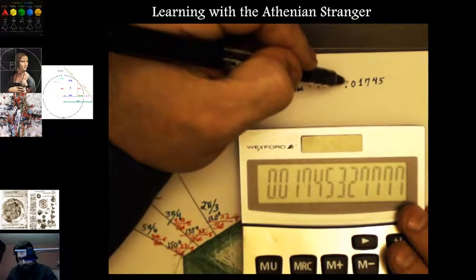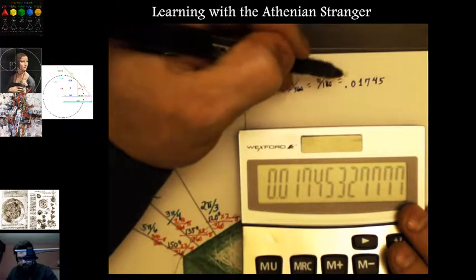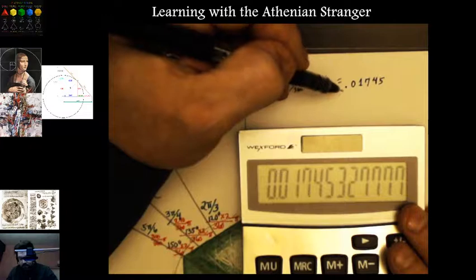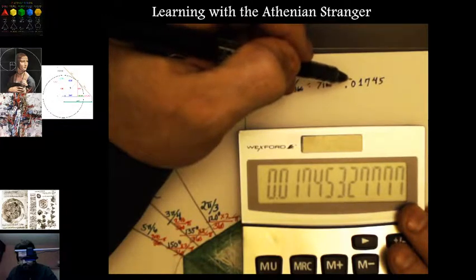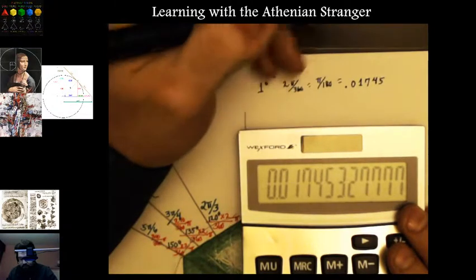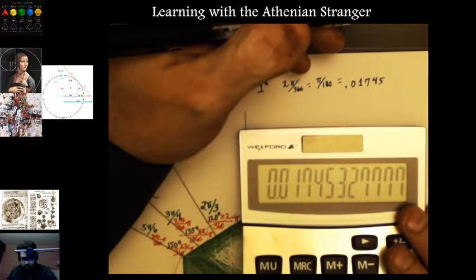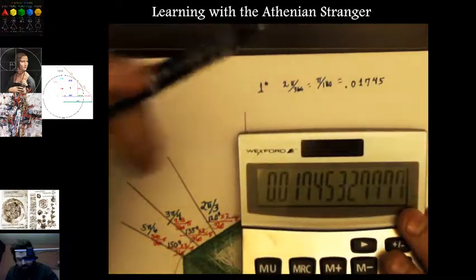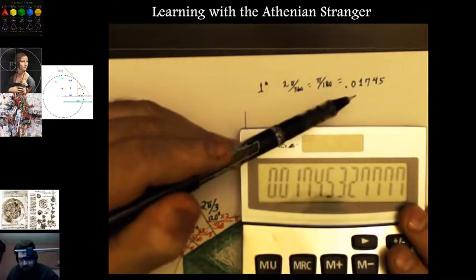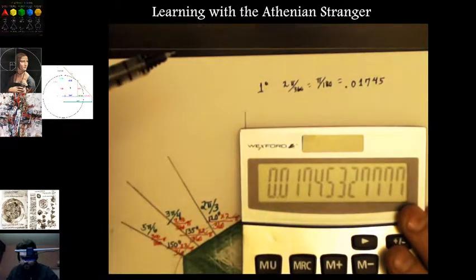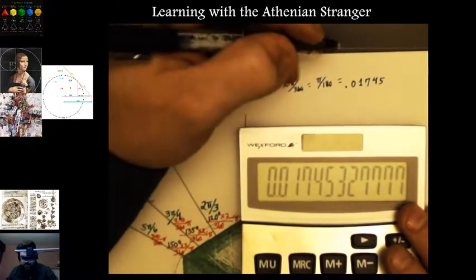This is the distance around the circle. And it is actually a distance measurement of the circle.